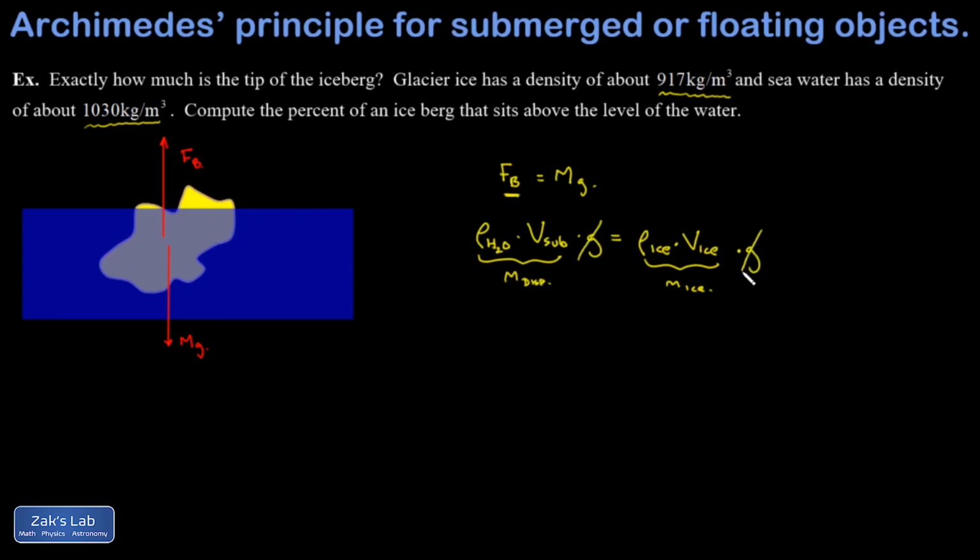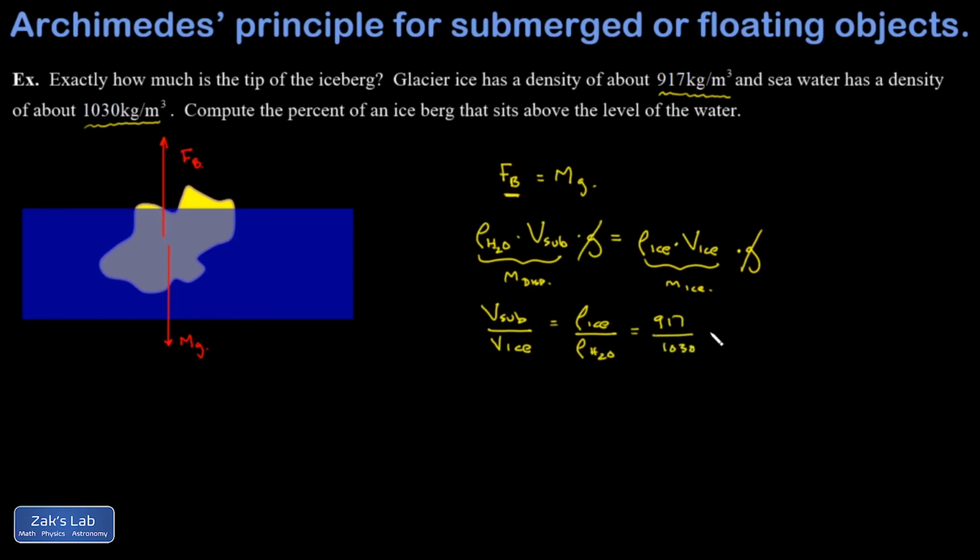So the g's are going to cancel out, and then I have a useful equation here because I can find a ratio of V submerged to the total volume. In other words, the submerged fraction of the ice, and that's going to be equal to the density of the ice over the density of the seawater, and that's 917 over 1,030.